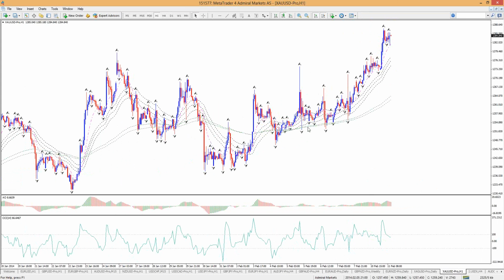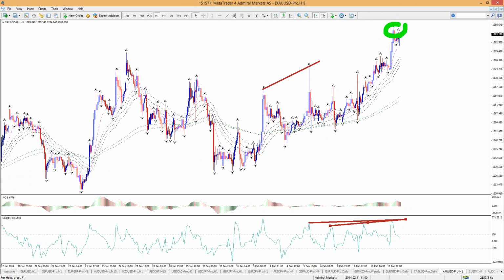If I look at the 1-hour chart, then I don't see, well, let's see, we'd have to compare these tops, I guess. We had divergence between these tops, but that was a while ago. Then if we compare these tops, this is actually higher.